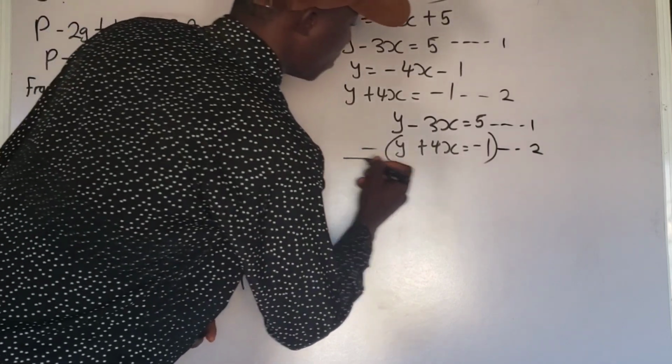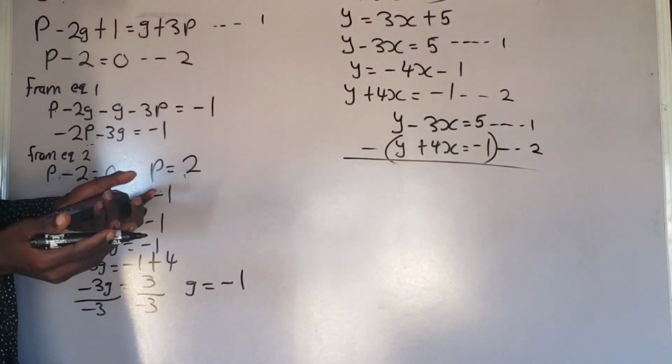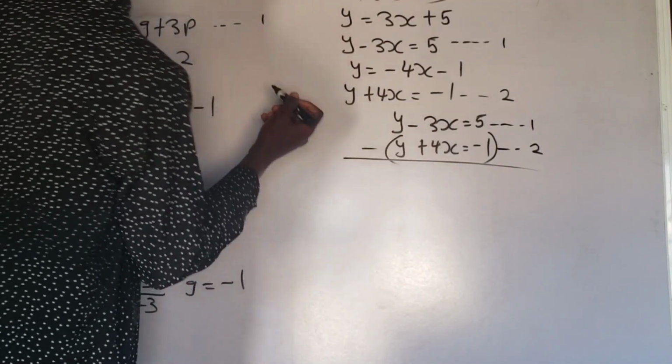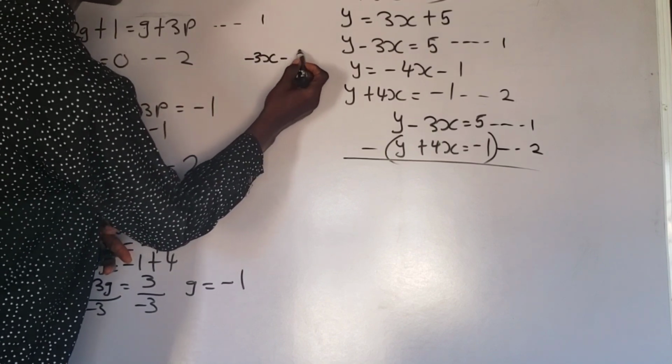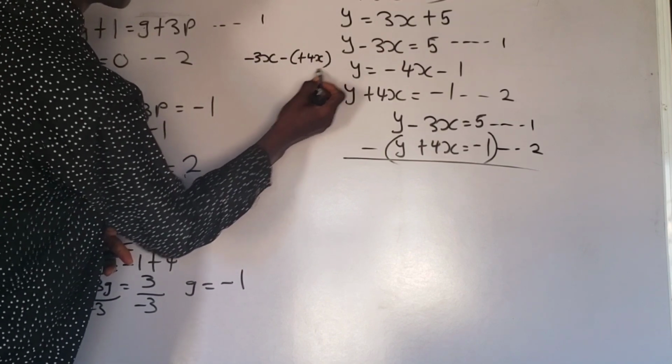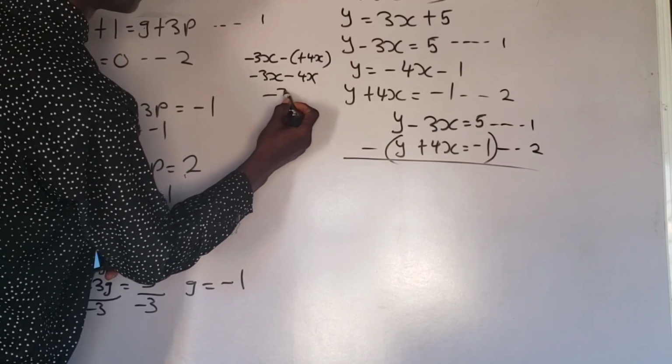Okay, let's go. For this, I'm going to have y minus y, that is 0. You can see we've eliminated y. Then negative 3x minus positive 4x, that is negative 7x.